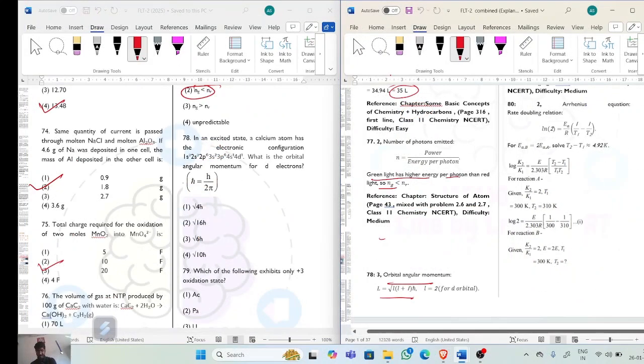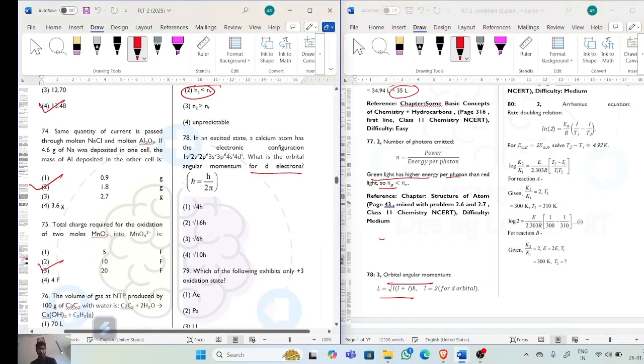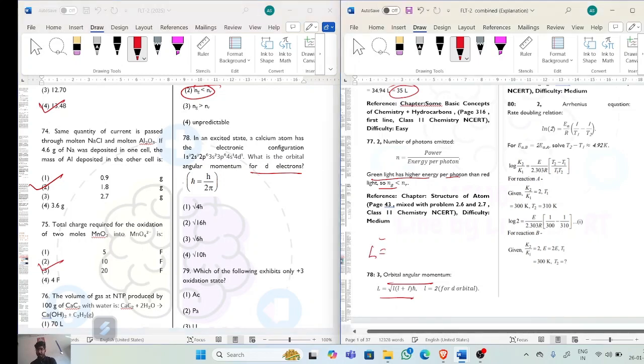Now coming to question number 78. In an excited state, a calcium atom has the electronic configuration given. What is the orbital angular momentum for d electrons? Okay. So we know the formula for orbital angular momentum is capital L equals under root l into l plus 1 into h cut. Okay, so now let's solve.